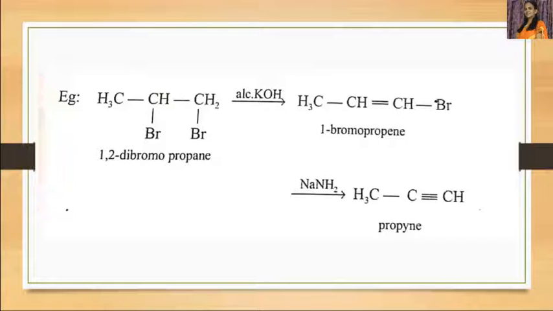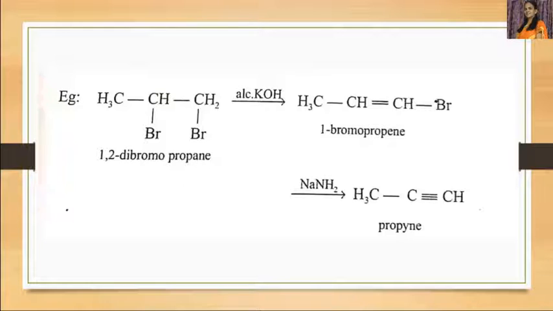Therefore, it is 1,2-dibromopropane. Di means 2, bromo means bromine atoms, propane as it is a 3 carbon alkane. So 1,2-dibromopropane is a vicinal dihalide, as two halogen atoms are present on adjacent carbon atoms. Now it is subjected to dehydrohalogenation with alcoholic KOH.